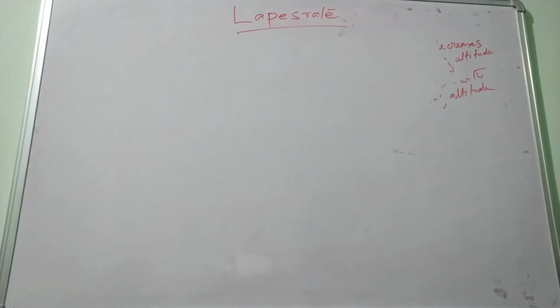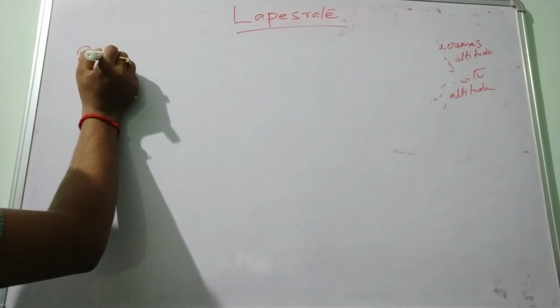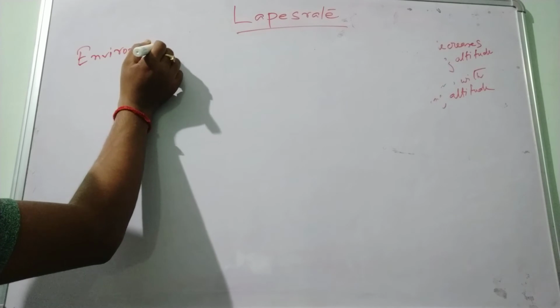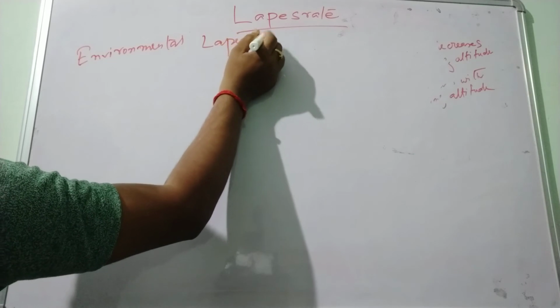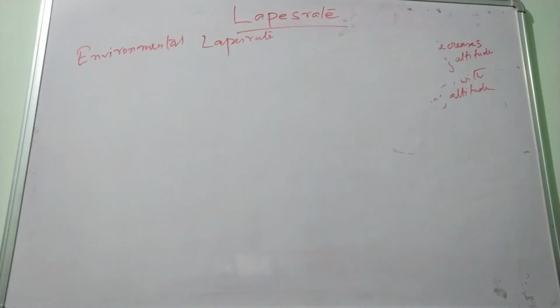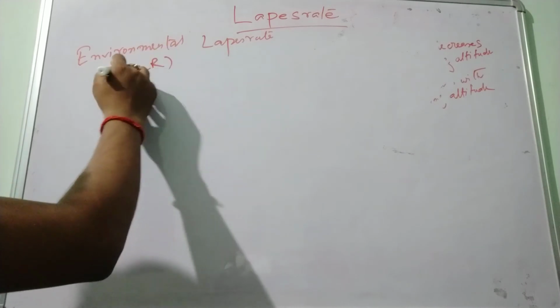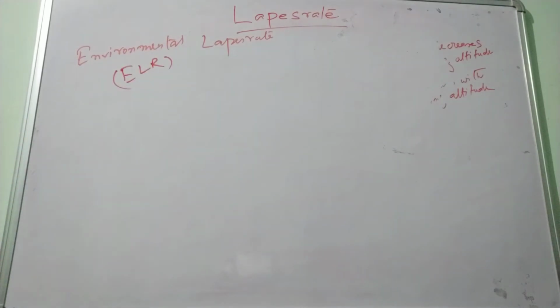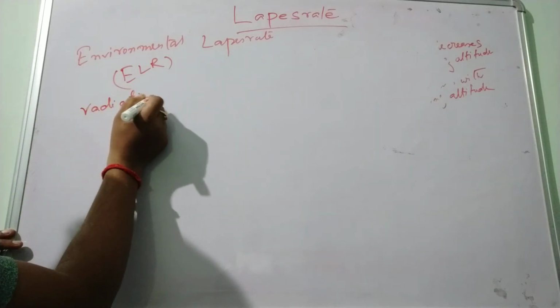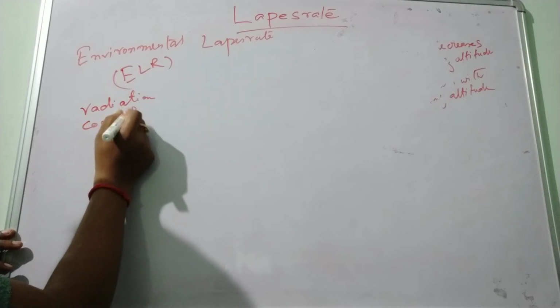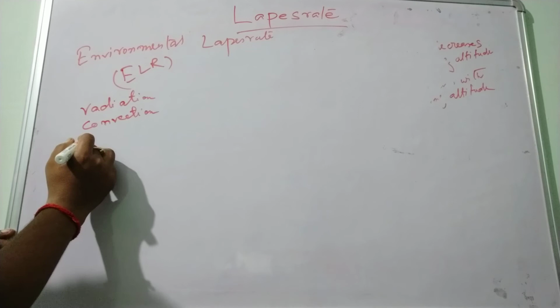First one is the environmental lapse rate, commonly known as ELR, which is very highly variable and mainly affected by radiation, convection, and condensation.